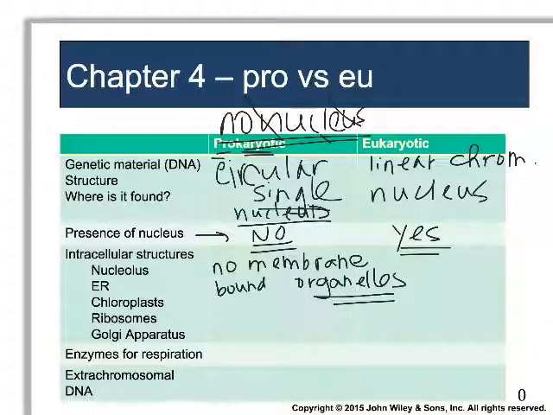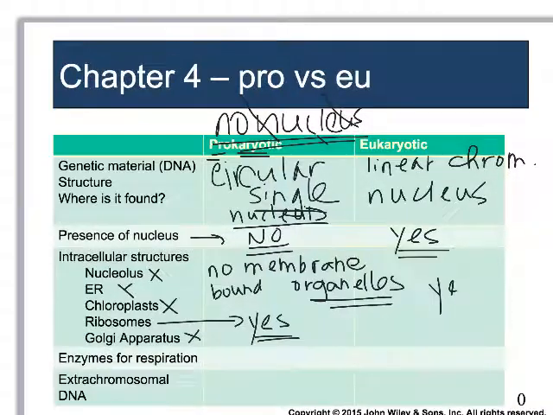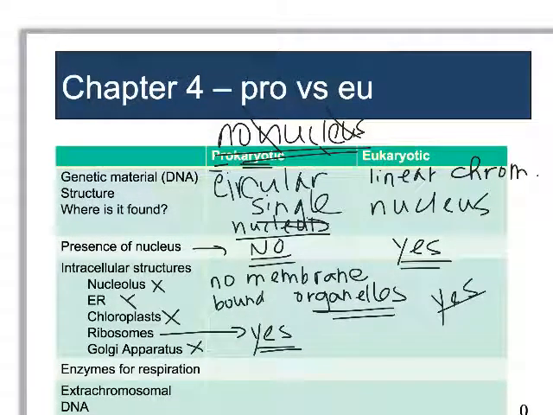They don't have a nucleolus, an endoplasmic reticulum, chloroplasts, or a Golgi apparatus. But they do have ribosomes, because if you remember, ribosomes are just protein and RNA. There's no plasma membrane around them. Eukaryotes have all of those organelles.